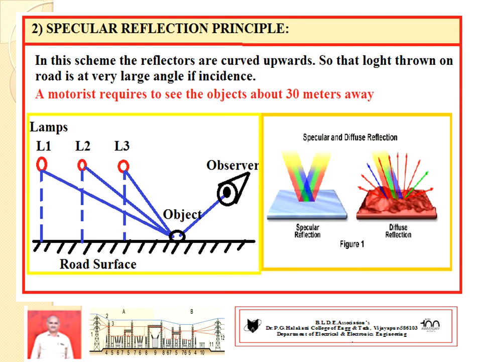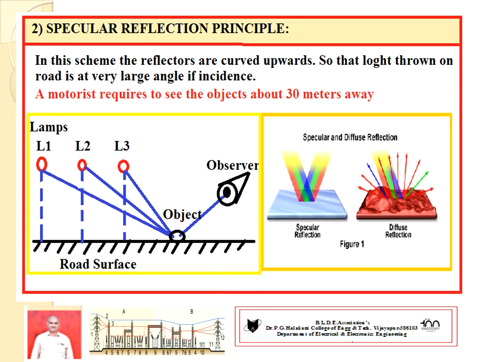Number two is the specular type of reflection principle. You can view the diagrams. One diagram gives the diffusion reflection principle, the other the specular reflection principle. In specular reflection, the incident light comes and is reflected from the surface, and it goes to the observer or the human at a particular angle, with the incidence and reflection making equal angles.